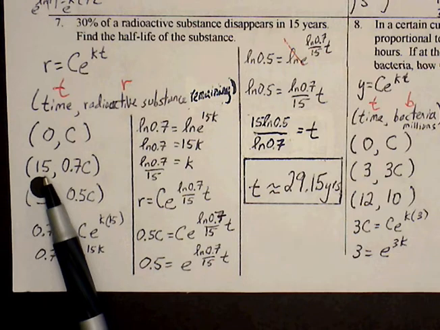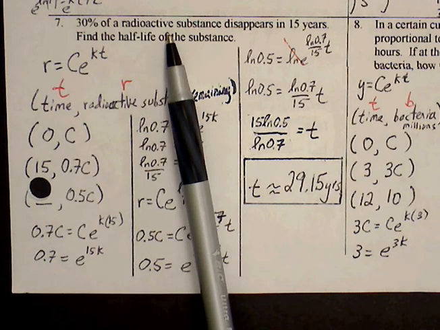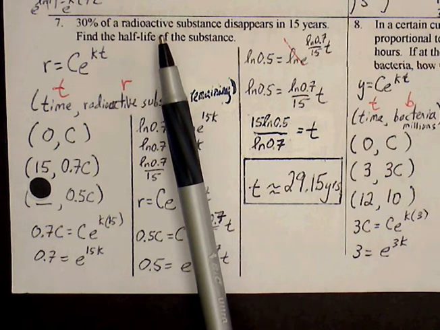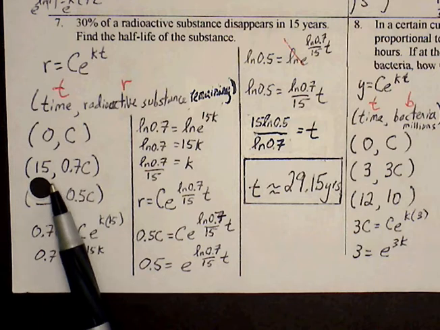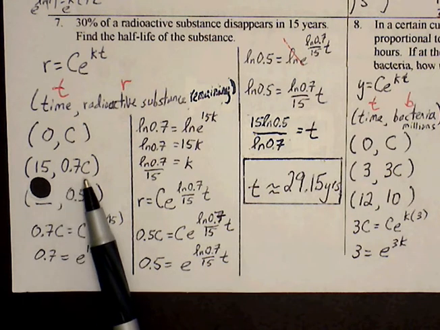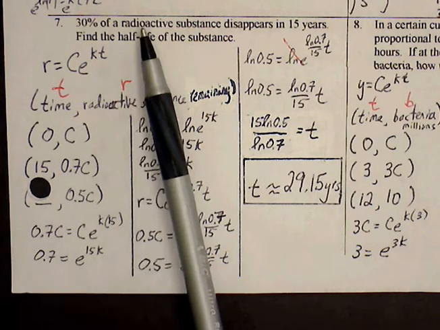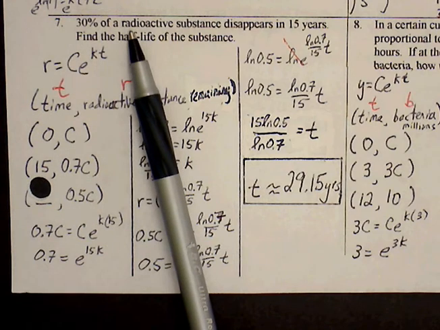And after 15 years, we know that 30% will go away. So if 30% goes away, that means 70% remains. So that's why after 15 years, we have 0.7 times C, 70% of the initial amount. We have to be careful with the wording here. It's not 30% remains, it's 30% disappears.